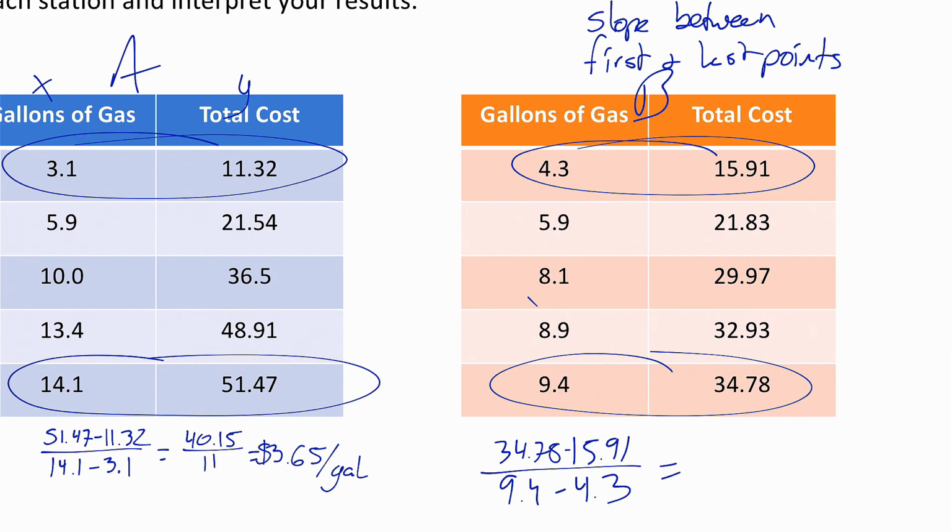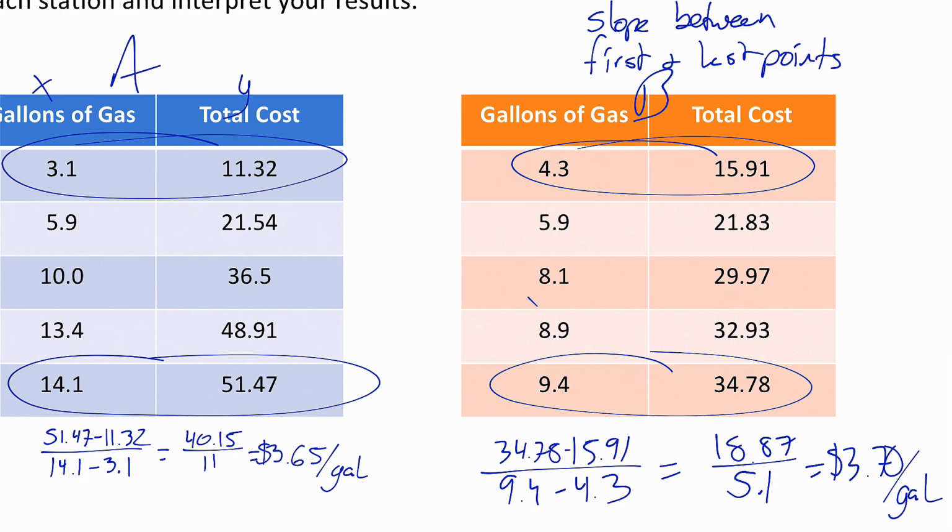Cleaning that up a little bit, we end up with 18.87 divided by 5.1. When we plug that in, we end up with exactly 3.7. Since we're talking money, let's go two decimal places: $3.70 per gallon. So on average, company A, the blue table, ends up having a cheaper price per gallon.